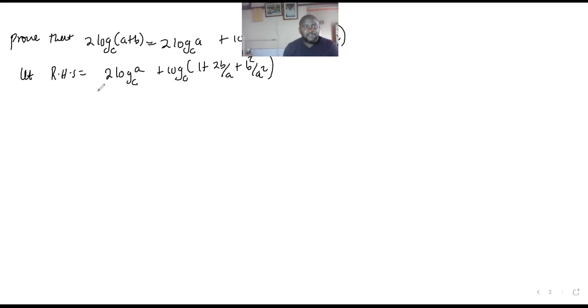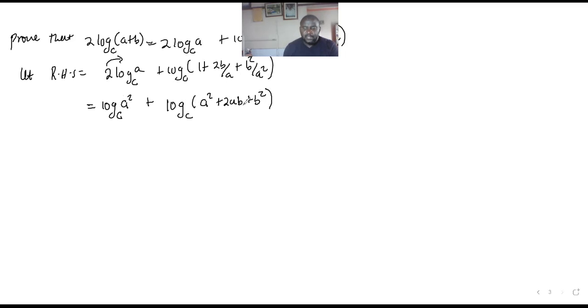And when I reverse this, if I take back the 2 to the a, it will give me log to base c of a squared plus log to base c. When you cross multiply these a's, you'll get a squared plus 2ab plus b squared.